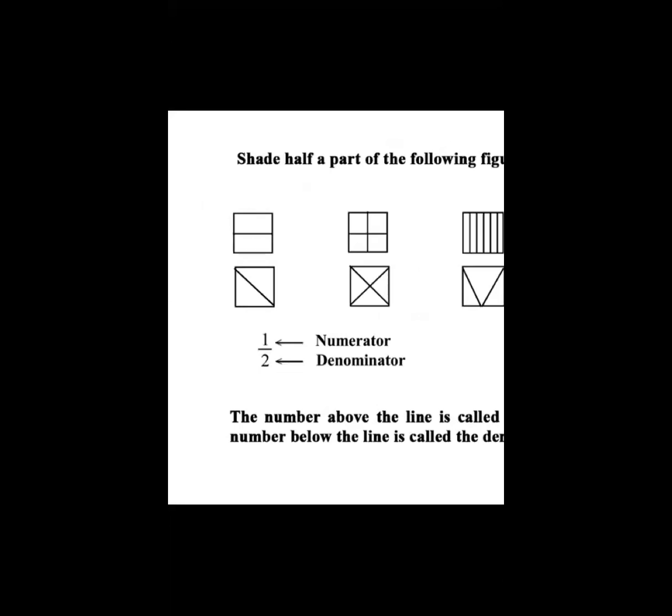So the upper number we call the numerator. Then the down number we call the denominator. Okay, write like this. Write 1/2 and mention like this. What is numerator and what is denominator?